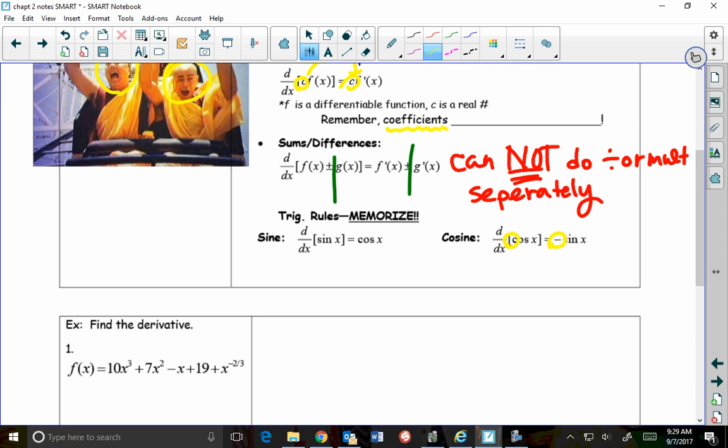So questions so far about those rules? Group leaders, have somebody tell you the difference between a constant and a coefficient. Go.